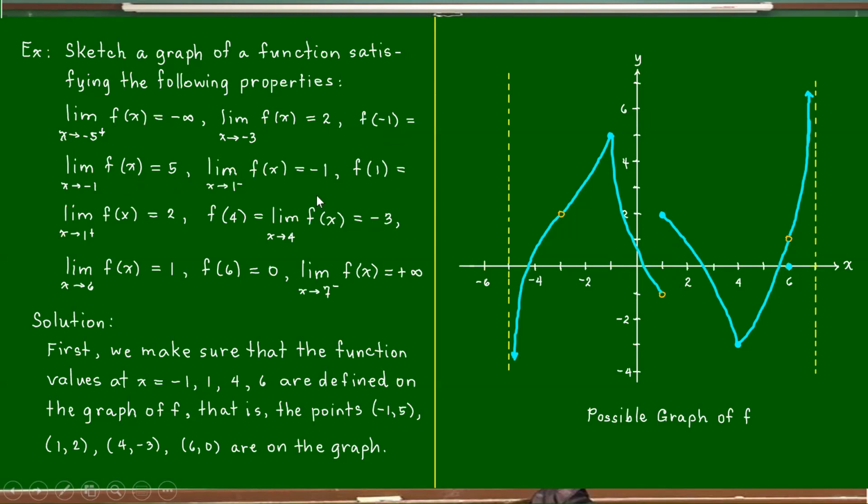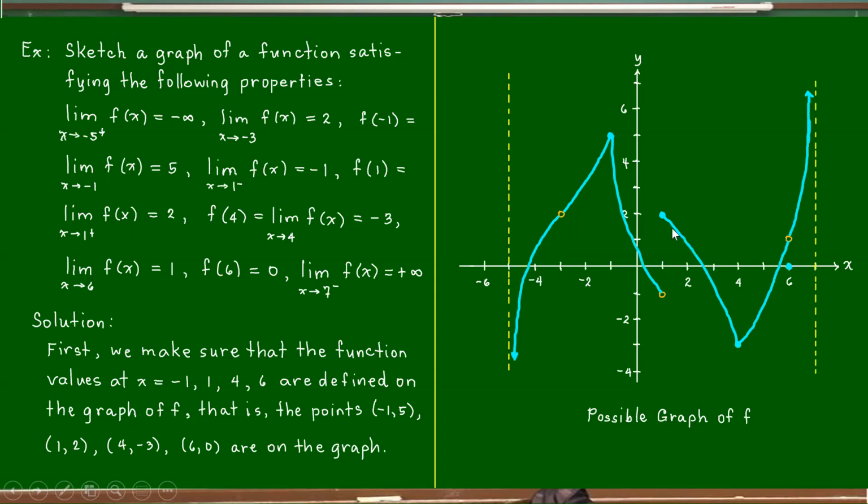The limit of f of x equals negative 1 as x approaches 1 from the left. Let's see if it is satisfied. From the left, it is negative 1. f of 1 equals 2. When x is 1, we have 2. Okay. And then the limit of f of x as x approaches 1 from the right is also 2.